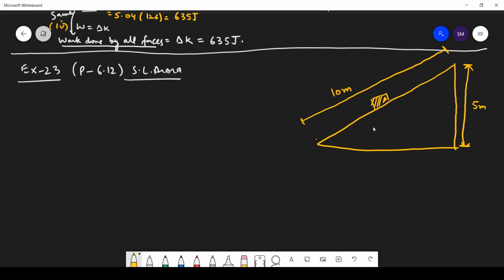The mass is 0.3 kg, so let me write it here, 0.3 kg. Okay.